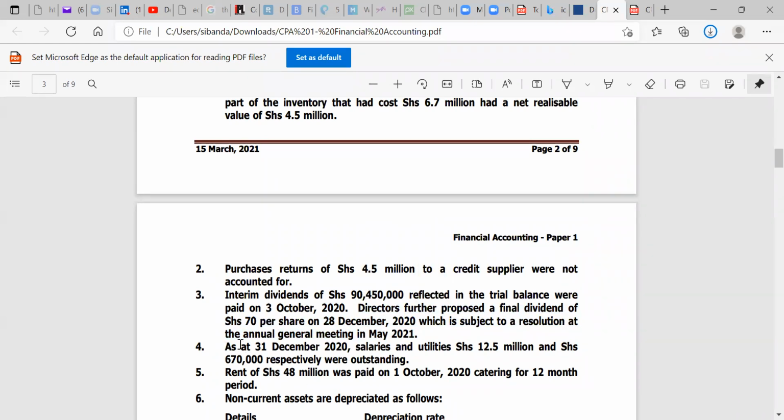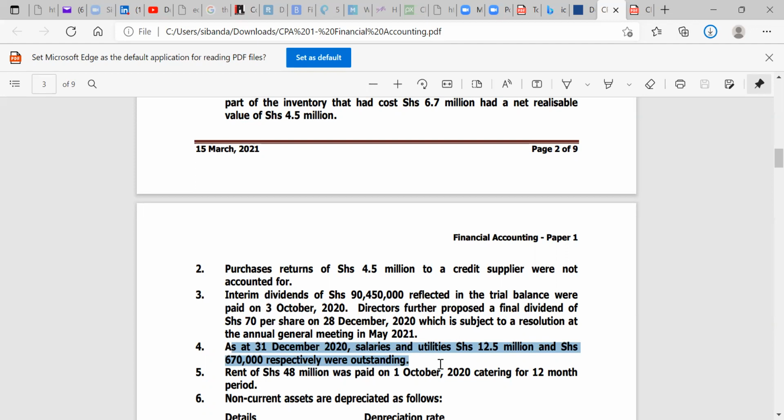Then they're also telling you that at 31st December 2020, salaries and utilities of shillings 12.5 and 607 respectively were outstanding. What does this mean to you? This means that our salaries and utilities worth those amounts were not paid. So what this means is that we should go ahead to recognize, to accrue. We call it accruing.